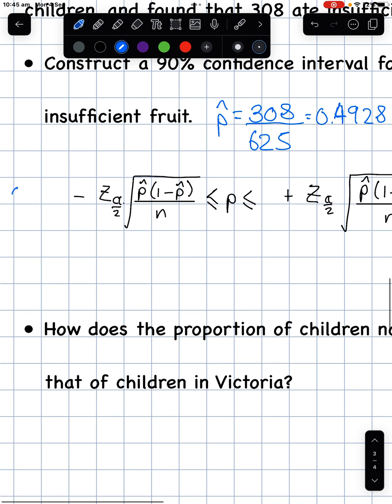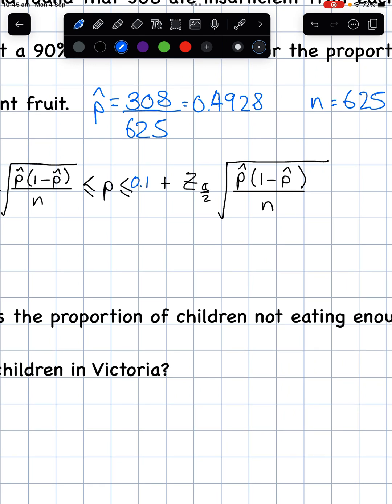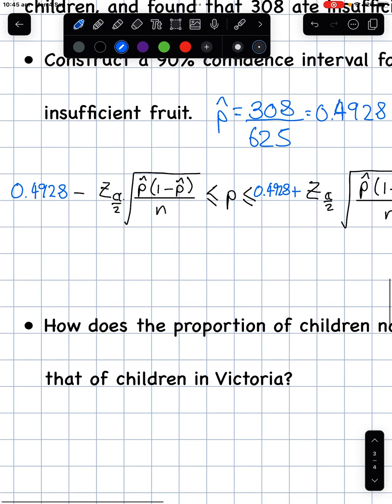So we've got 0.4928, and here we've got 0.4928 plus. Running out of room. Now our z-score.